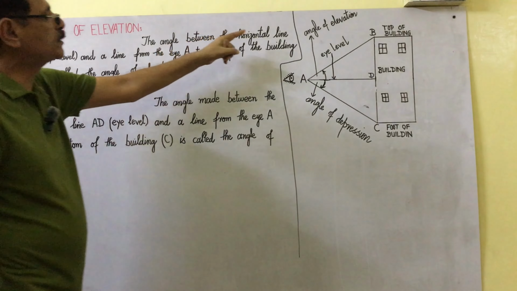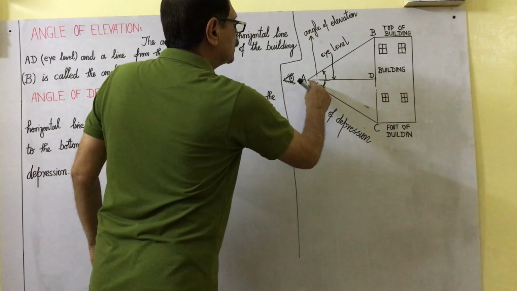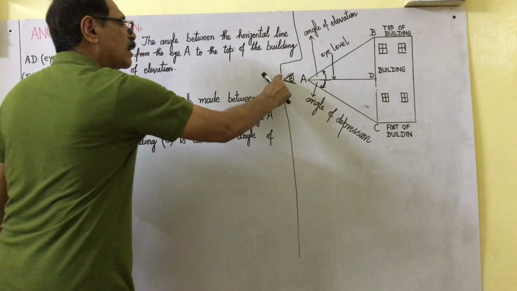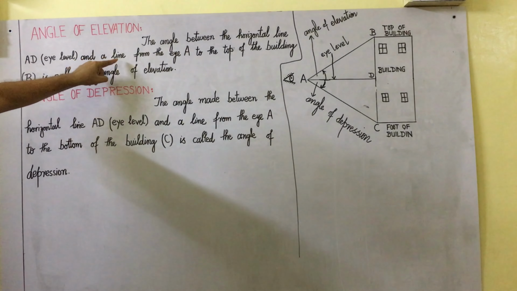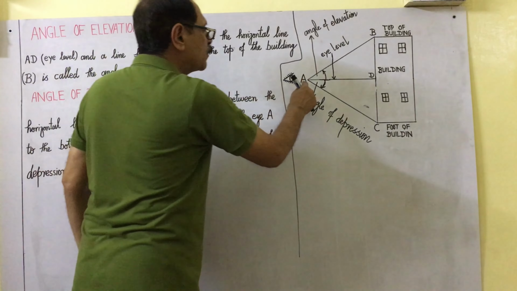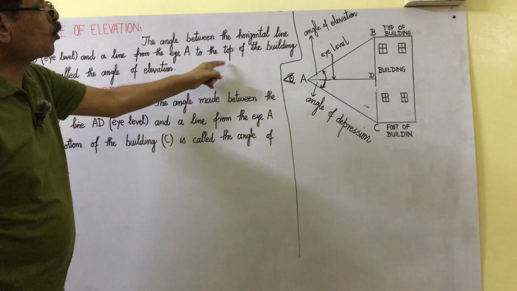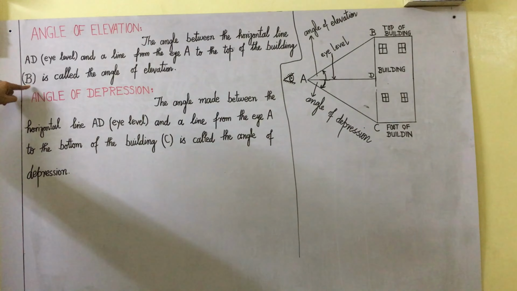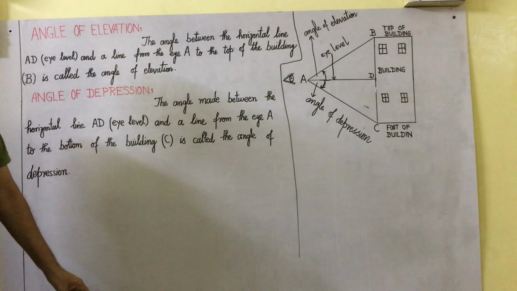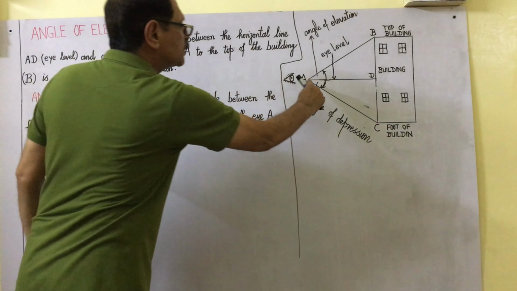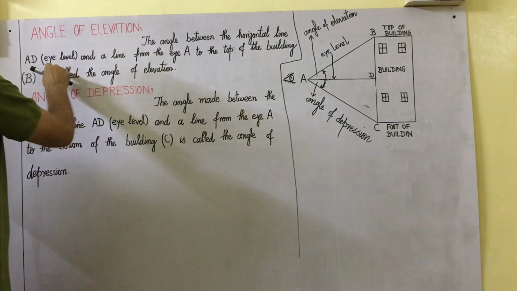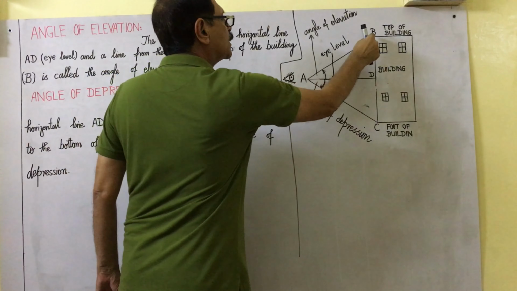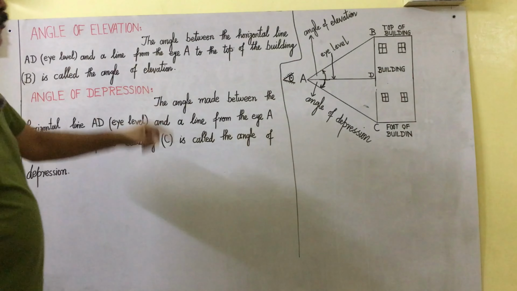The angle between the horizontal line AD, this is actually the eye level, and a line from the eye A to the top of the building, this line, top of the building is B, is called the angle of elevation.